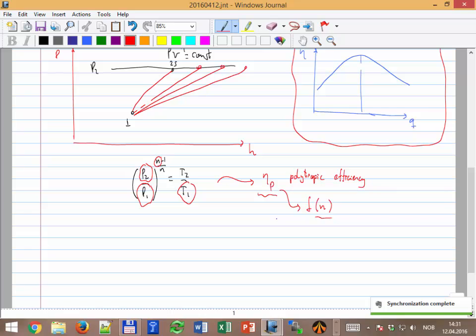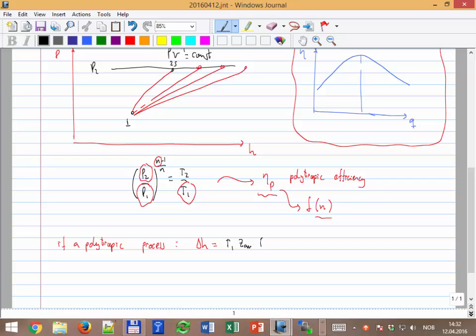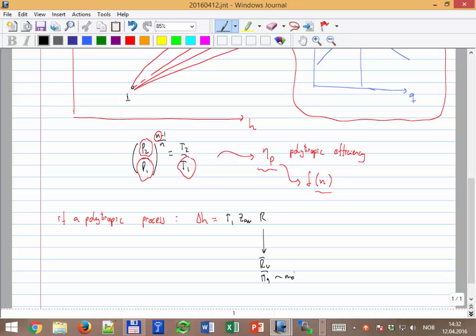So let's see. If you assume a polytropic process, then this delta H can be expressed as T1, C average, then R, which is R universal divided by the molecular weight of the gas, remember we have R universal and the R of the gas.